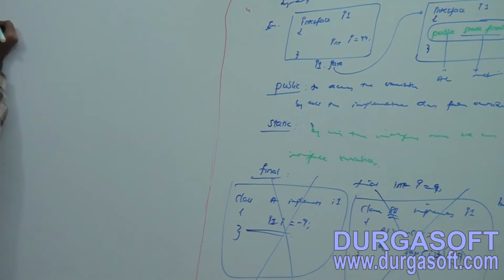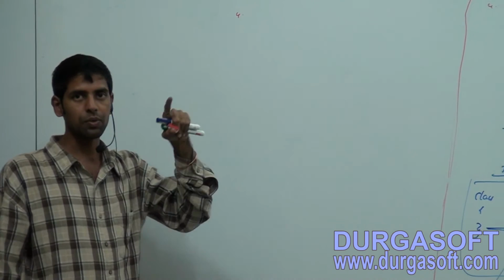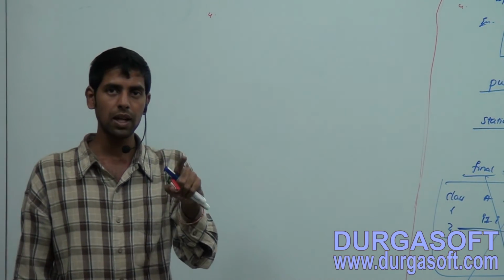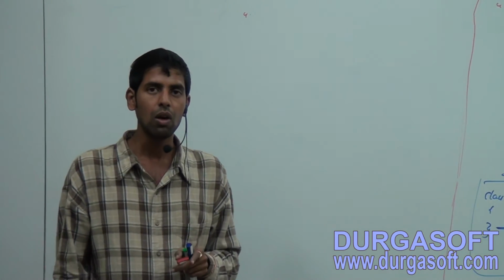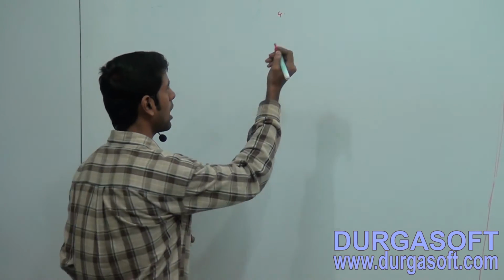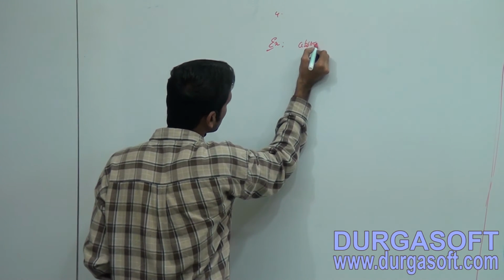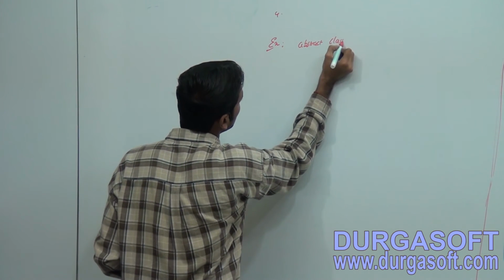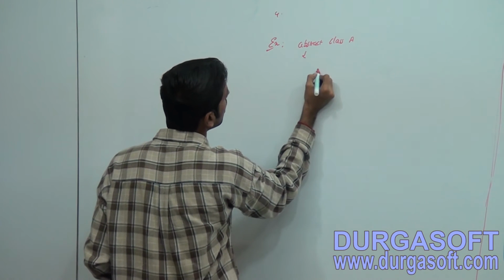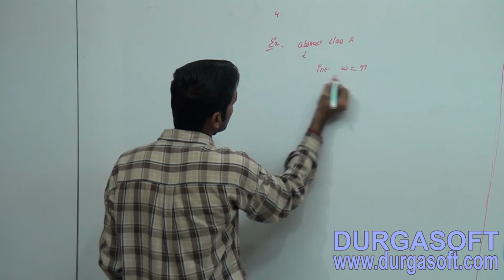Now come to abstract classes. Let me ask one thing: are abstract class variables public static final by default? Observe here, example: abstract class A, with int w equals 99.